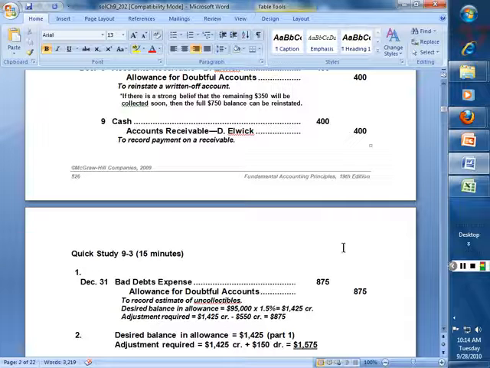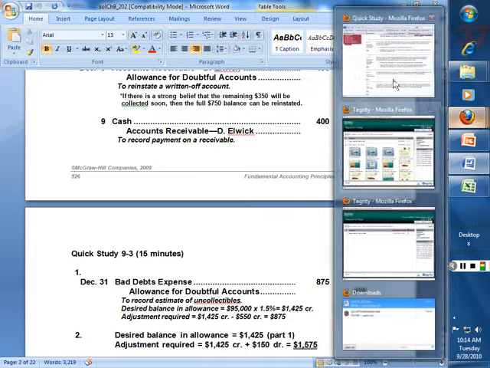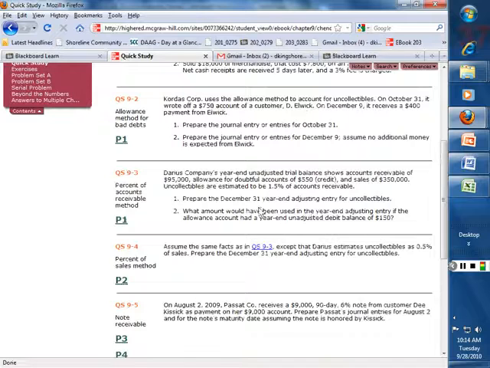Now, let's change the scene a little bit and say, what if it had a debit balance of $150 instead of a credit balance of $550? The accounts we use are the same. The debits and credits we give to those accounts are the same. The number changes. What number are you going to put in?